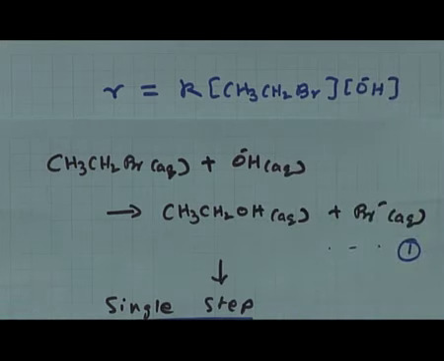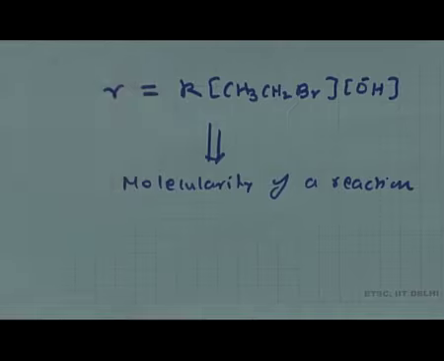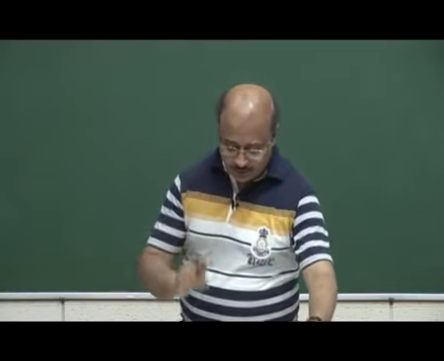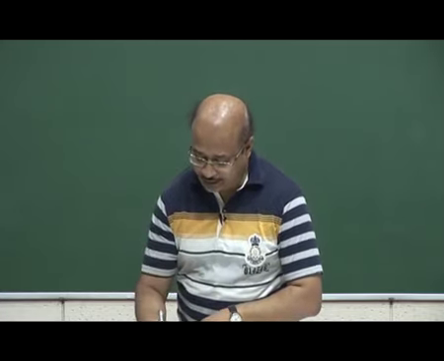So in a single step which is elementary in nature, molecularity and order are equal. Just keep that in mind, it will help our discussion later. Now, let us take a very similar reaction, but obviously different reactants.